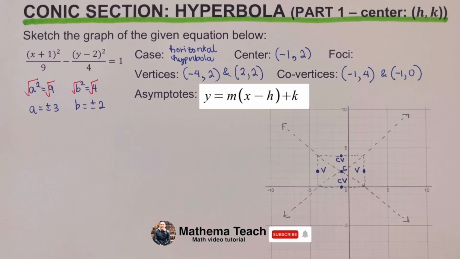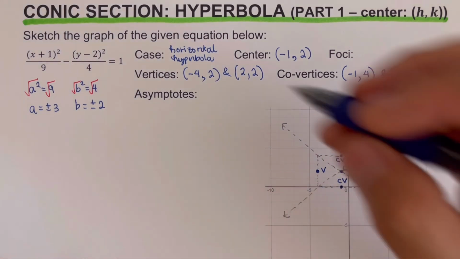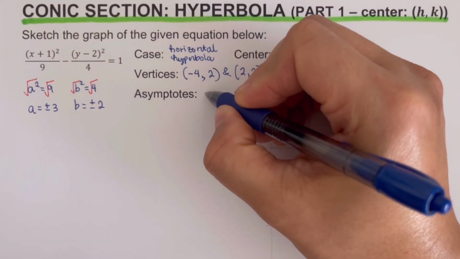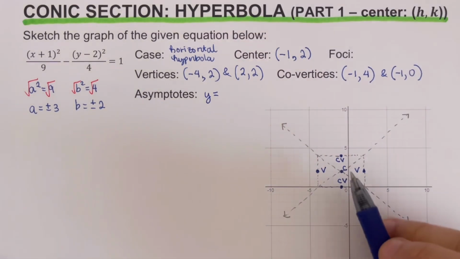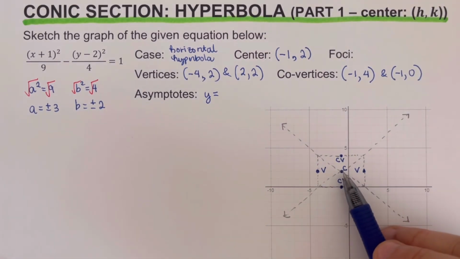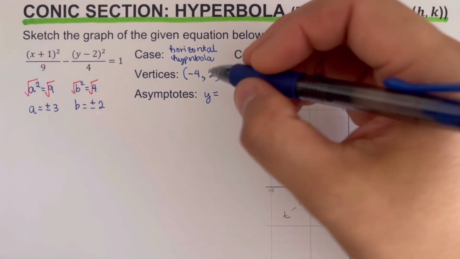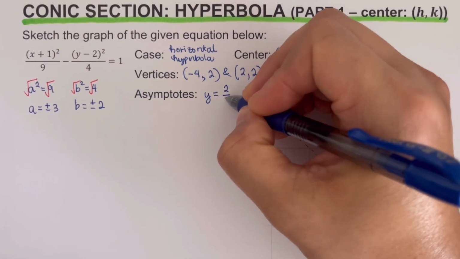So in this case, we take this first diagonal, or this first asymptote. The equation for that would be y equals the slope. The slope is from the center to the other end of the rectangle. So that would be 1, 2, 1, 2, 3. So that is 2 over 3. That's the slope.